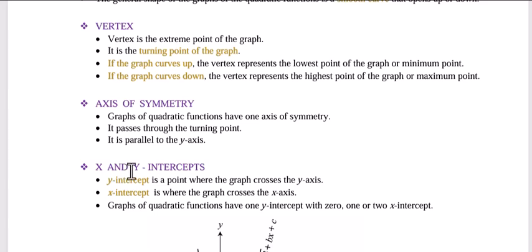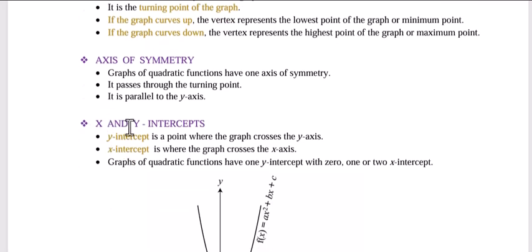Then the x and y intercepts. The y-intercept is the point where the graph crosses the y-axis. The x-intercept is where the graph crosses the x-axis.